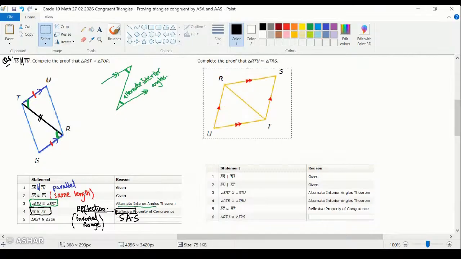If this is the information that has been given. So what they're saying is we have a parallelogram. How can we say we have a parallelogram? Because we have two pairs of parallel sides.